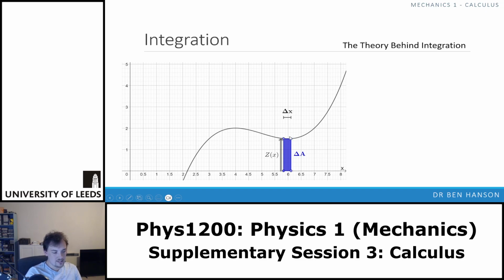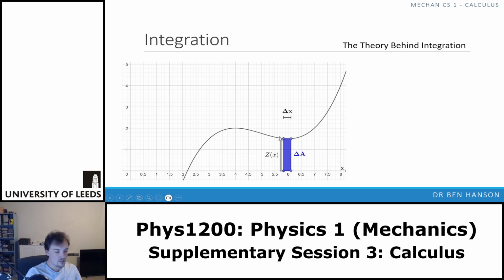So let's put a little delta x along this graph. And instead of letting that delta x come to 0 and worrying about the line tangent to the graph, let's worry about the area subtended by that graph, or the area underneath that delta x.